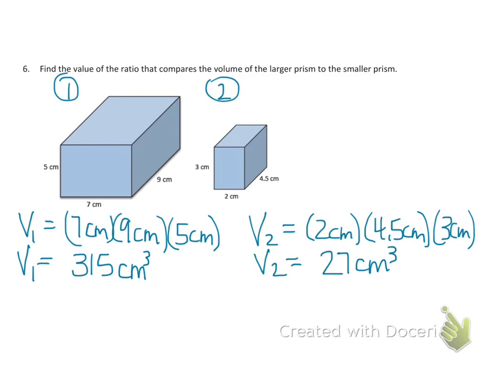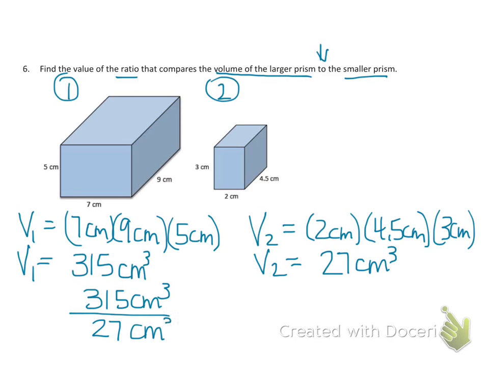So when we find the ratio of the volume of the larger prism to the volume of the smaller prism, we're going to write it like this: 315 cubic centimeters compared to 27 cubic centimeters. So that's the ratio of the larger to the smaller. It's going to tell us how many times bigger the big one is from the small one.